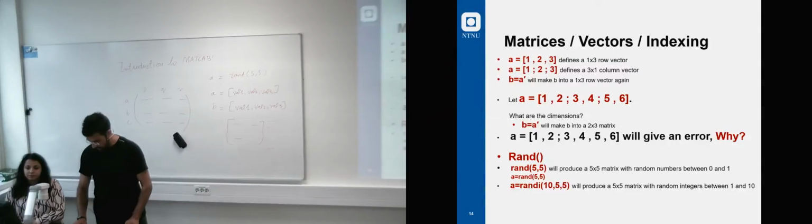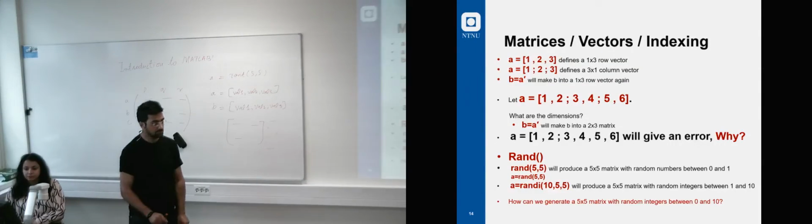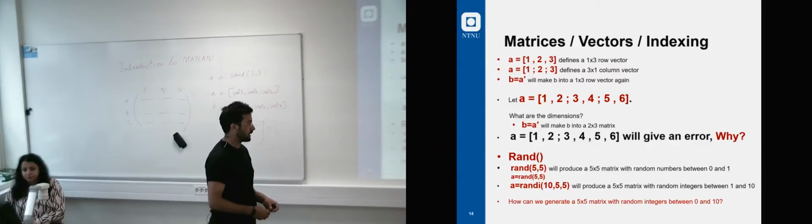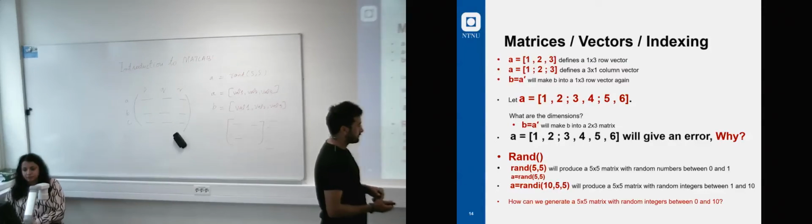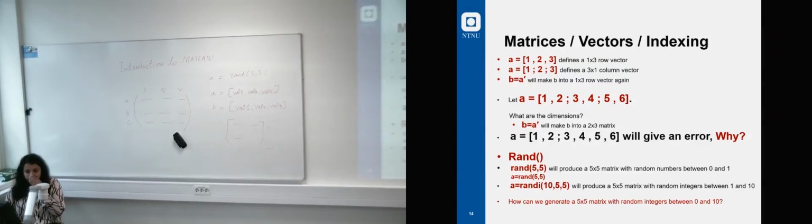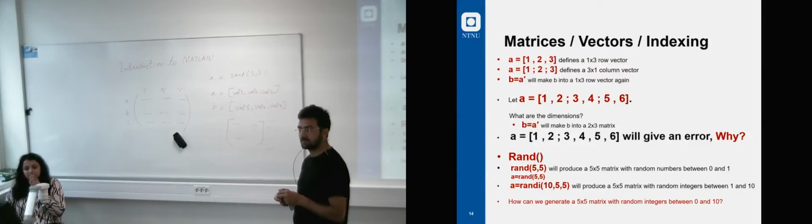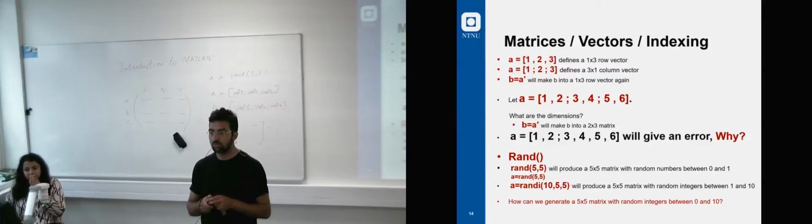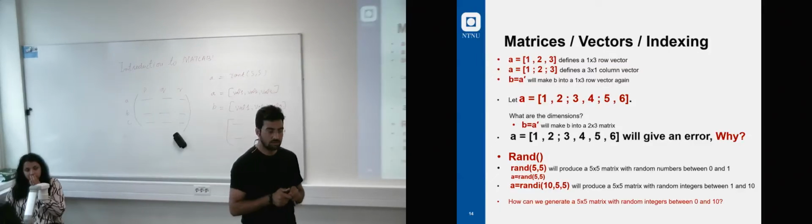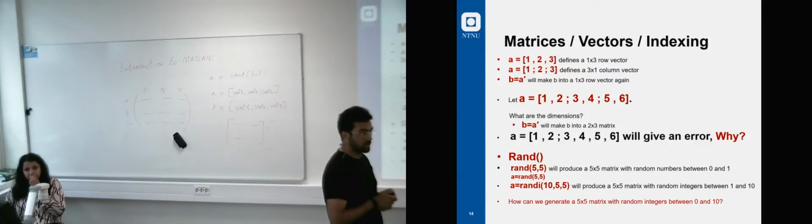What I actually mean is, say, a 5 by 5 matrix with random integers between 0 and 10. Any ideas? Yeah. randi 11, 5, 5, with minus 1 at the end. Minus 1 at the end after rounding. Okay. This is one answer.